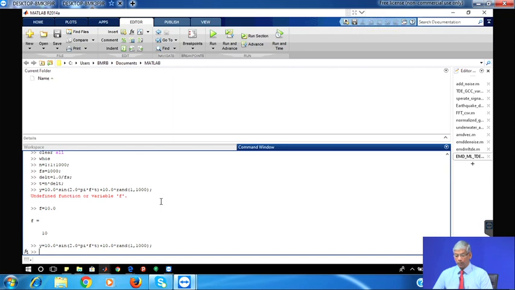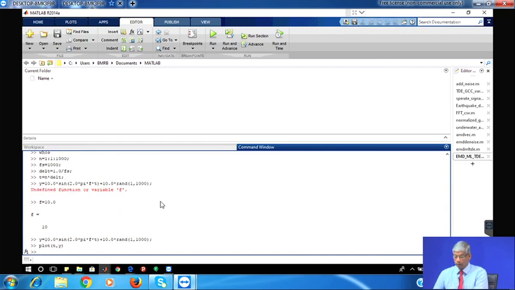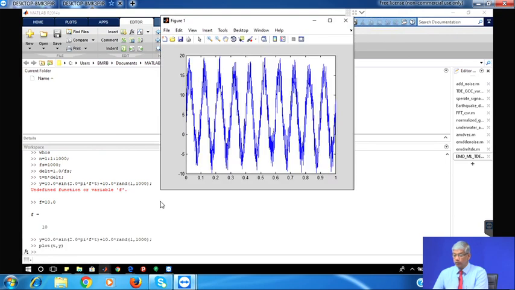Once I gave the value of f and recomputed it, it has taken the value. So, now I can plot. You see, earlier I had a very neat sine wave, but now a random noise has been added to the sine wave. In fact, many of the real signals which you will see will have such noise.